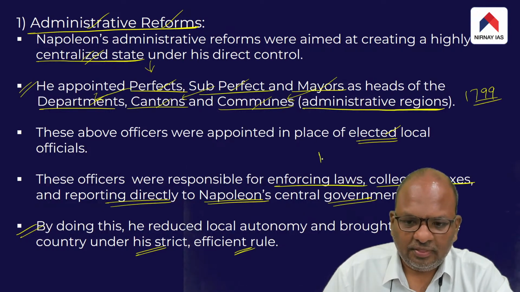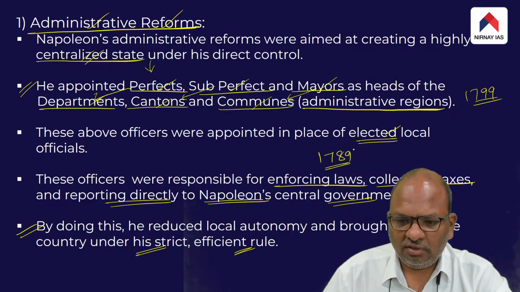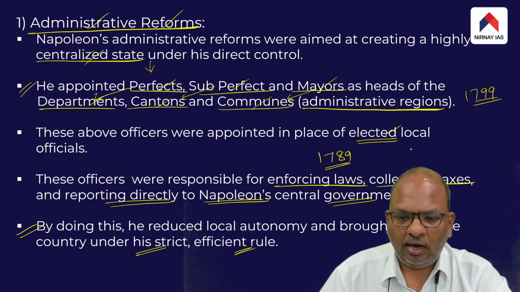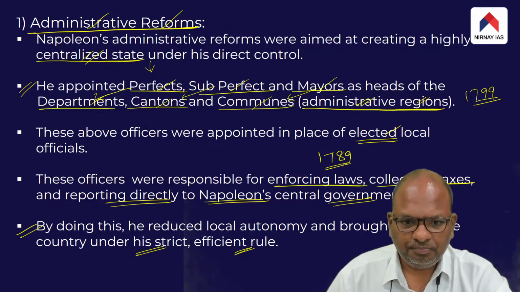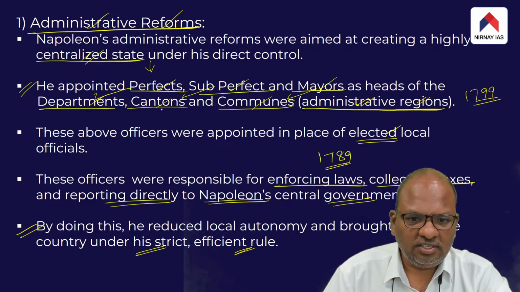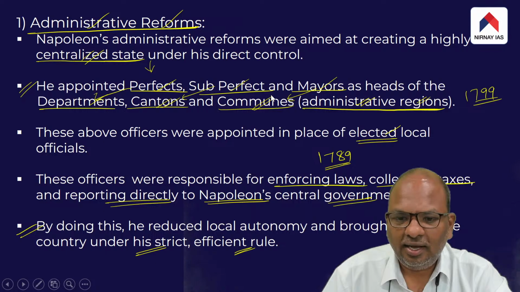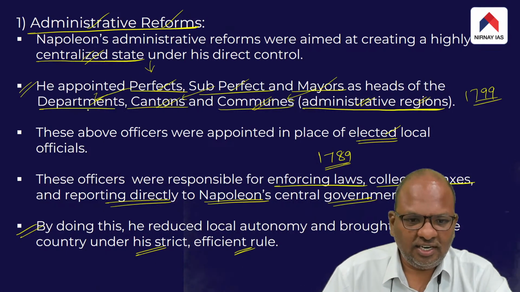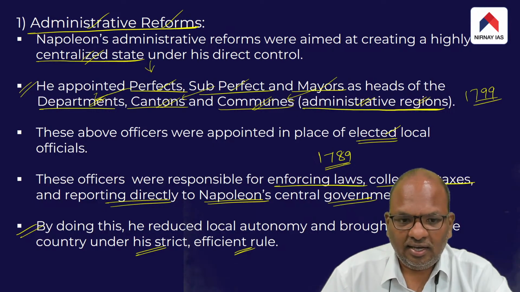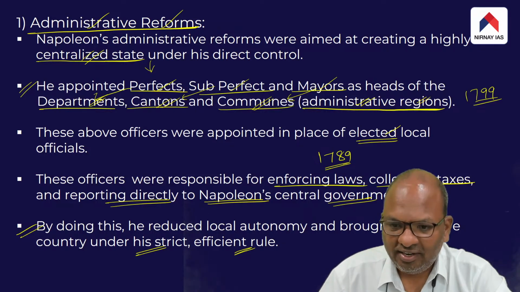So, what happened? The French Revolution broke out in 1789. Thereafter, a system of election was introduced for the appointment of officials to various administrative regions. After the outbreak of the French Revolution, the heads of departments, cantons, and communes were elected by the people. But this election brought too much chaos. Local autonomy, in a way, began to be misused by the officers who were elected.